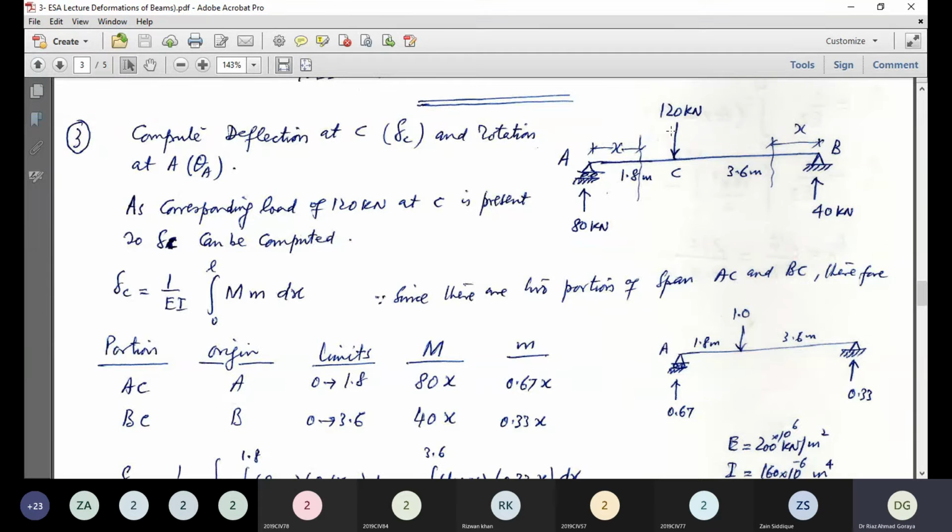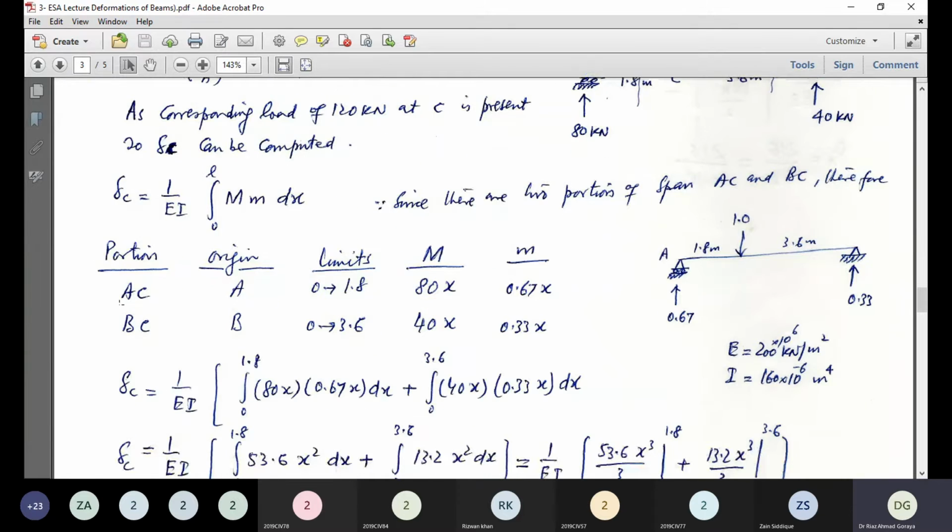How we can make it applicable, we will learn at that stage. So we will use this equation, deflection at C equals 1 over EI, integral 0 to L, capital M, small m into dx. Since there are two portions of span, AC and BC, we will proceed span-wise.